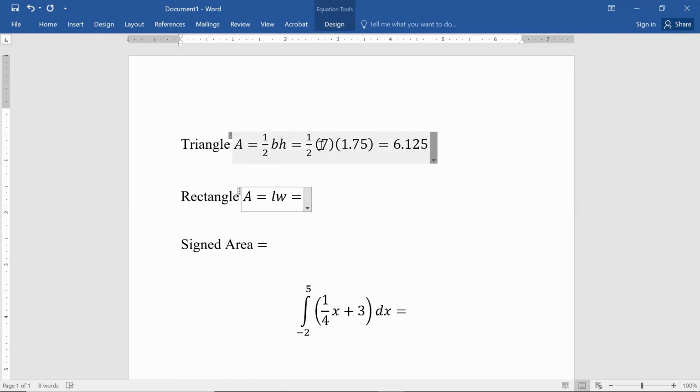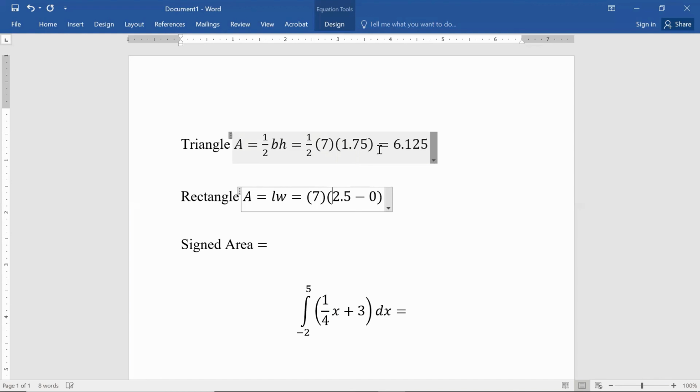The rectangle had a length that went from -2 to 5, and the width of that rectangle was from 0 to 2.5. That's the y value. So the rectangle had a length of 7.